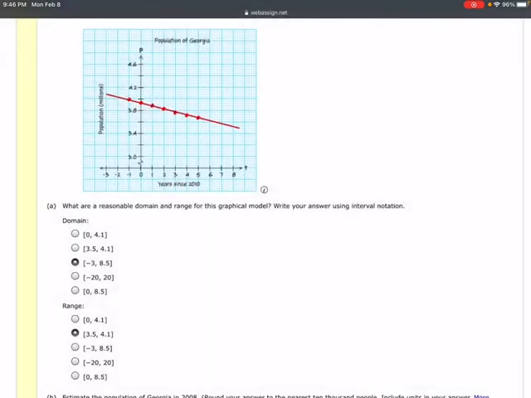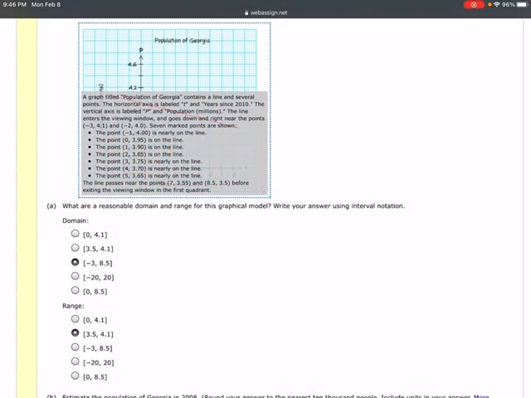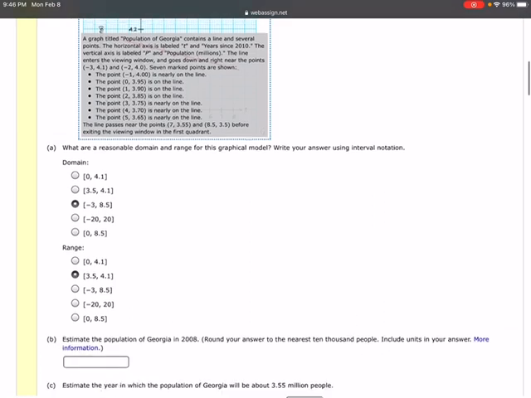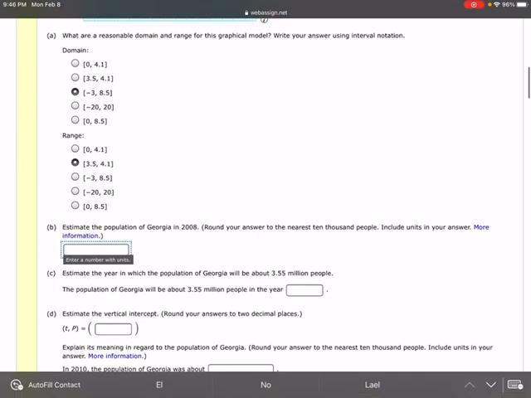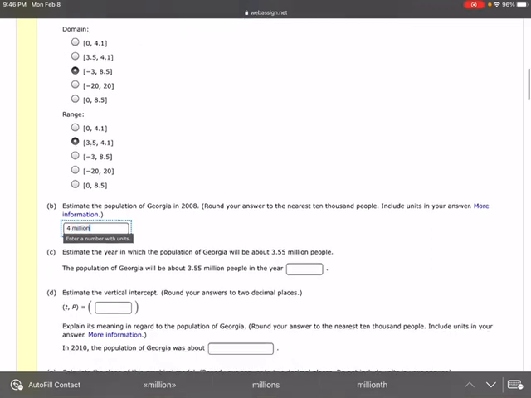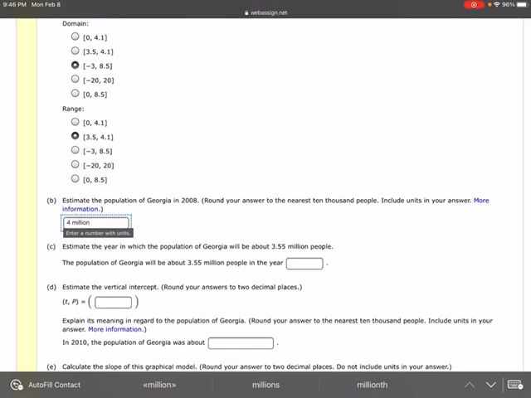And let me tell you guys, if you click on the graph, it tells you all the points. So at -2, notice it says 4.0. So we don't have to guess. So 4.0, and then enter the units. So million.